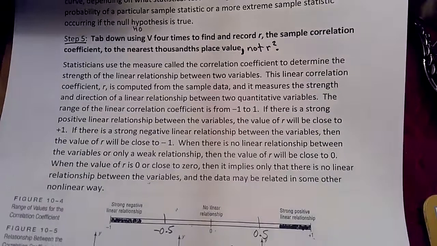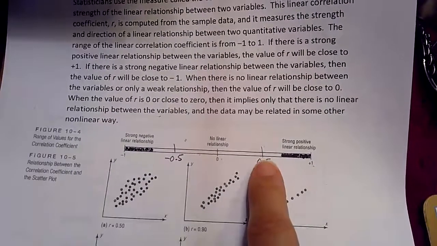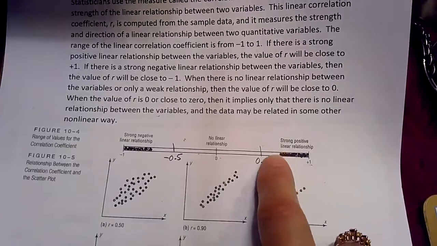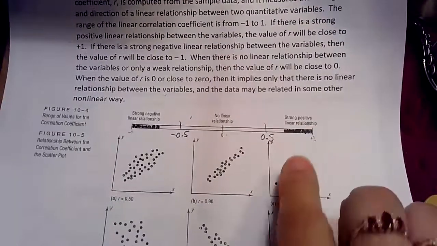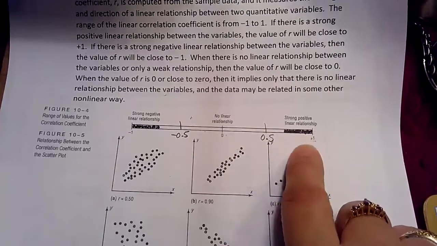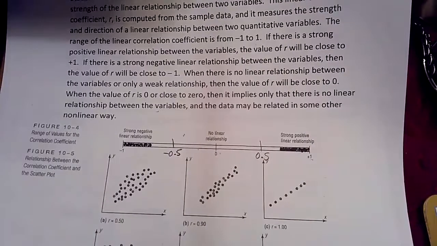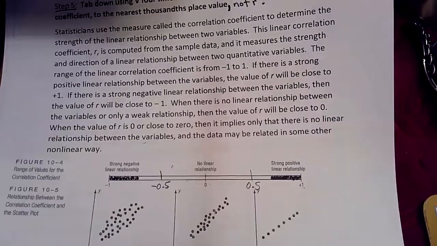So remember, our value was 0.771. So you see, here's 0.5. So somewhere here, right? 0.771 is beyond 0.5. So we would say it's considered a strong linear relationship. Okay. So now you first saw a scatter plot that looked like it had a positive linear relationship, and now you found this R value, this correlation coefficient, and that looks like it's a fairly strong positive linear relationship.